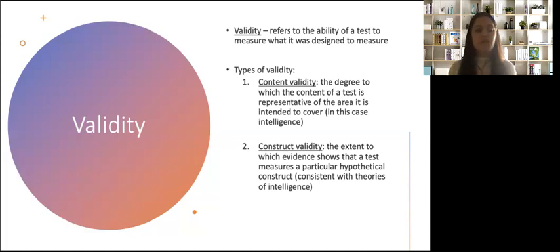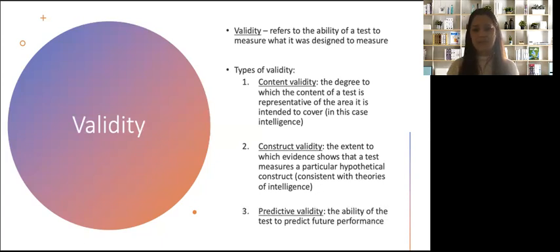If the results of this test are way out in left field, and no theory has ever considered or talked about it, you might not have construct validity, right? We want to see similarities between the measures we're getting from the test and the theories that have been presented on intelligence.